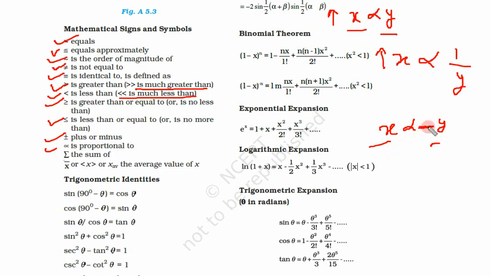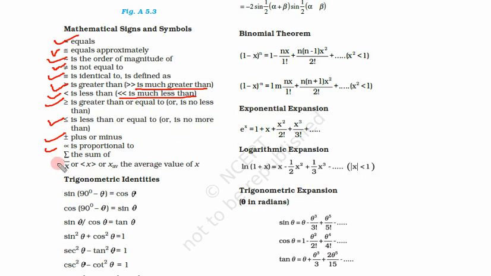If there is a minus sign, the meaning is y will try to oppose the increase in x. If there is a positive sign, both will increase. Just 1 by y, if x increases, y will decrease. If there is a negative sign, it means if x tries to increase, y will oppose that increase. So these are some commonly known things.